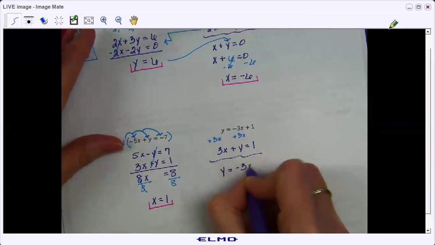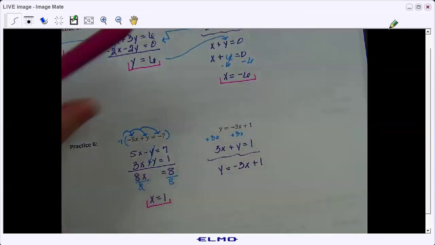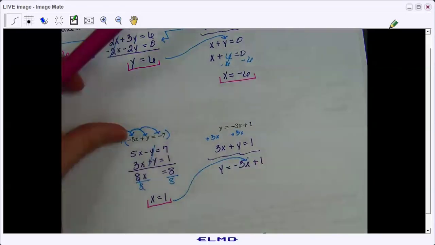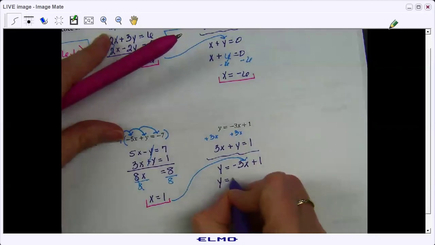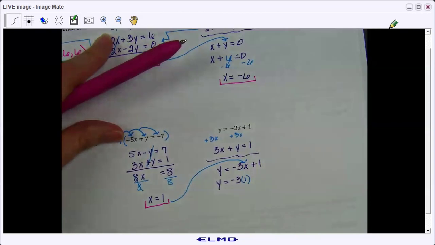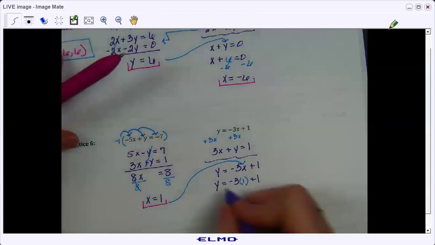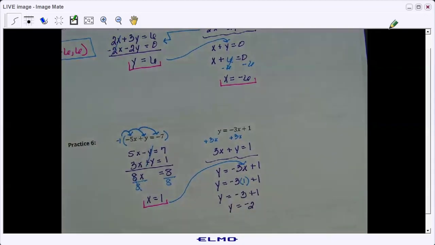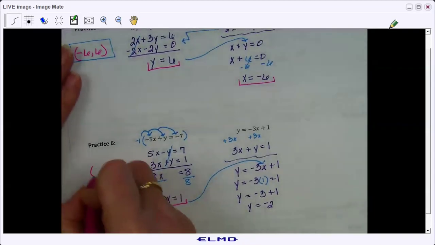So I'm going to plug 1 into the x. When you're finished, go ahead and check your answer.